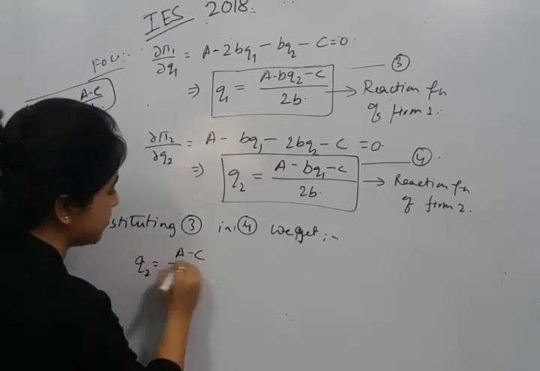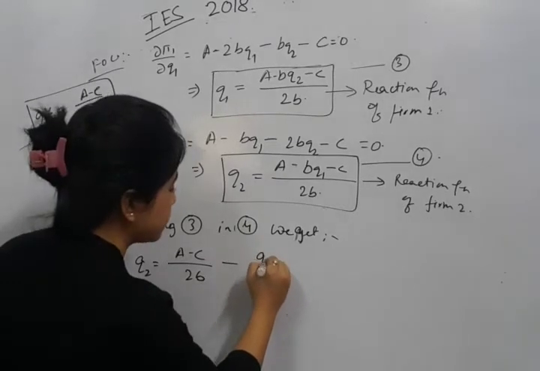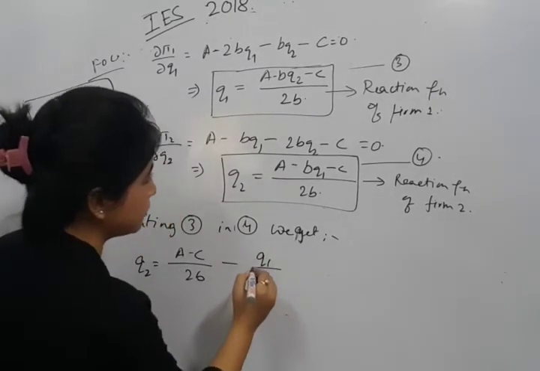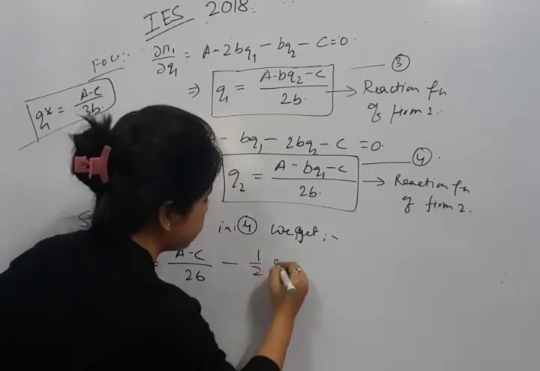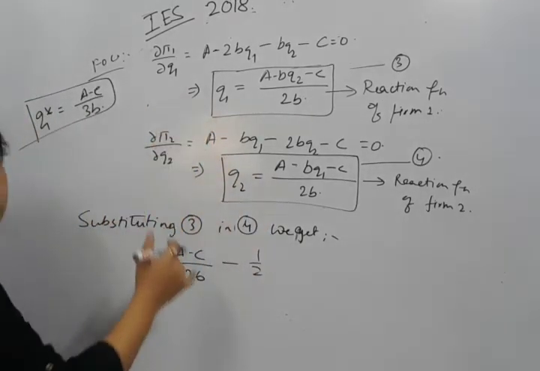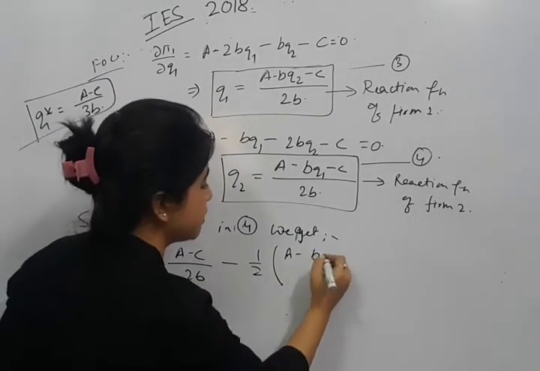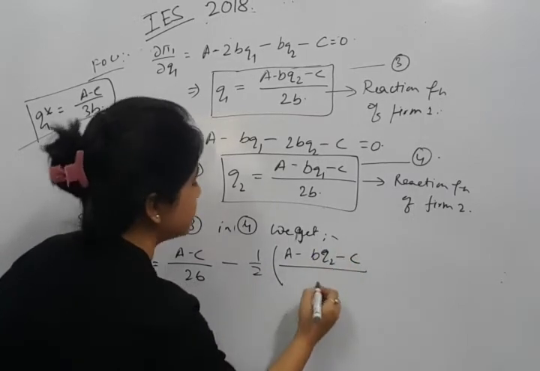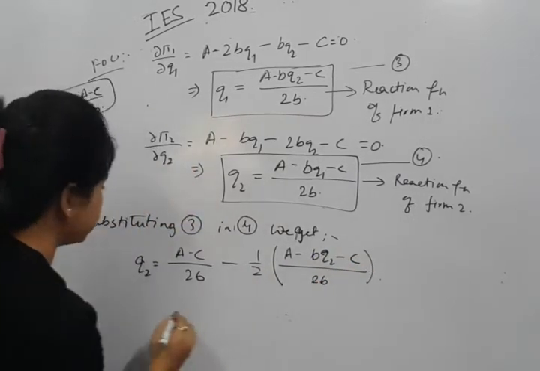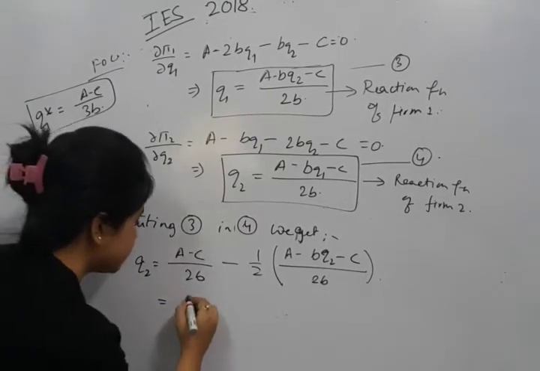So we have (A minus C) by 2B minus of Q1, or we can say half of Q1. We can just substitute this Q1 from equation 3, which is (A minus C) divided by twice of B. Again we have to simplify a bit.